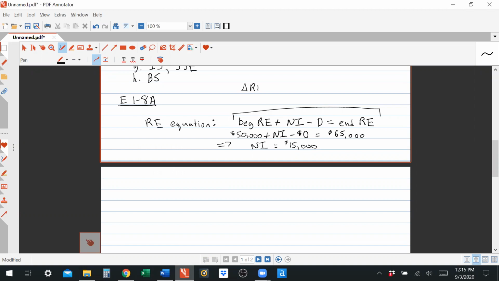So the change in retained earnings is just ending retained earnings minus beginning retained earnings. So if we put beginning retained earnings over on this side, what's left on the other side? Just net income minus dividends. So the change in retained earnings is net income minus dividends. That's right, Alexis.